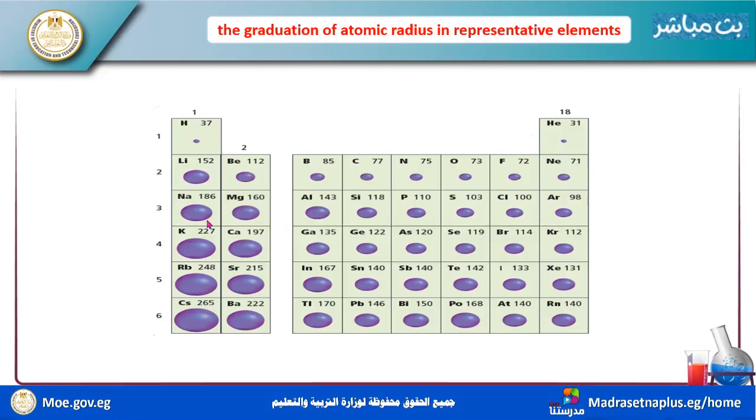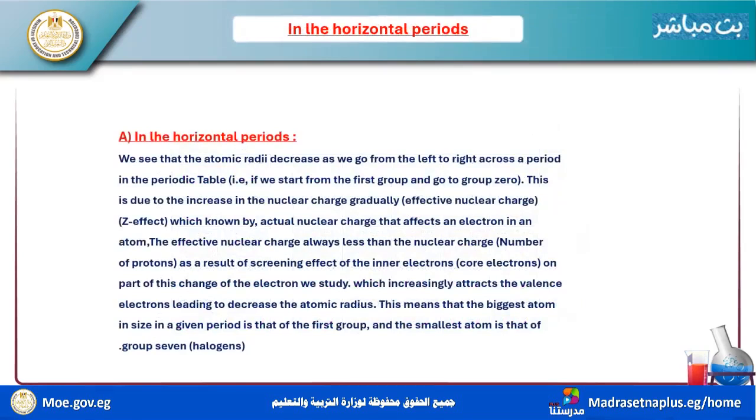If you discuss the gradation in this direction, in this period from left to right, we find a decrease in atomic radius. So the atomic size decreases in this direction. Why? If you discuss the groups and periods, we can know this information.